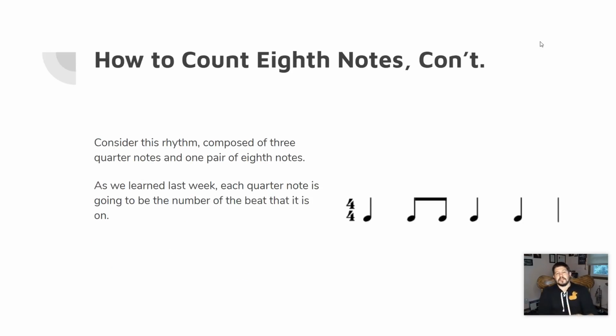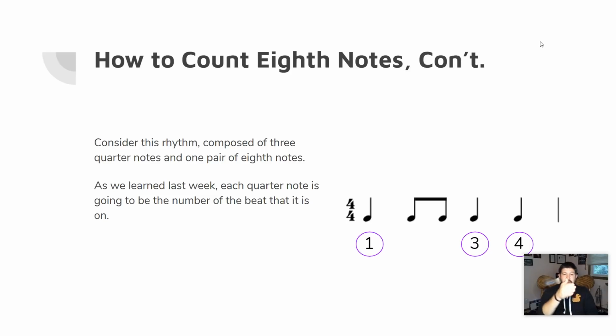If we consider this rhythm right here, we have 3 quarter notes and 1 pair of eighth notes. As we learned last time, each quarter note gets the number of the beat that it is on for its counting pattern. If we look at this rhythm, we can see that we have quarter notes on beats 1, 3, and 4. How do we know it's 1, 3, and 4?